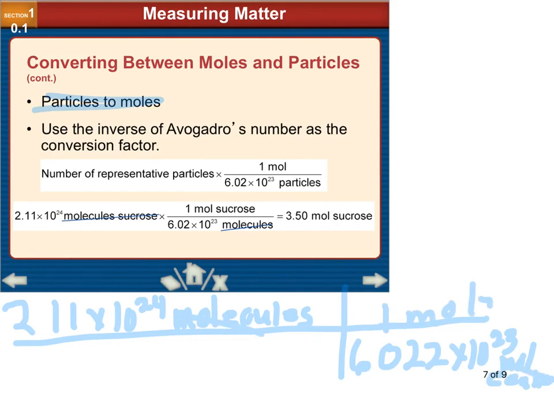Molecules cancel molecules. This time we do a little division, and we come back to that 3.50 moles of sucrose. Again, we'll do a number of these in class. We'll be very good at them.